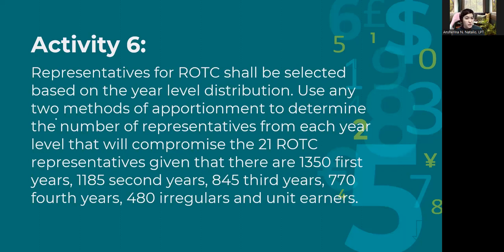Now, use any two methods of apportionment to determine the number of representatives from each year level that will comprise 21 ROTC representatives, given that there are 1,350 first years, 1,185 second years, 845 third years, 770 fourth years, and 480 irregulars.